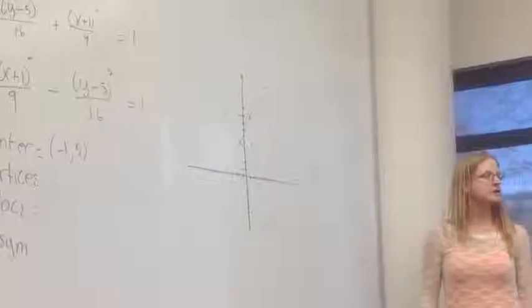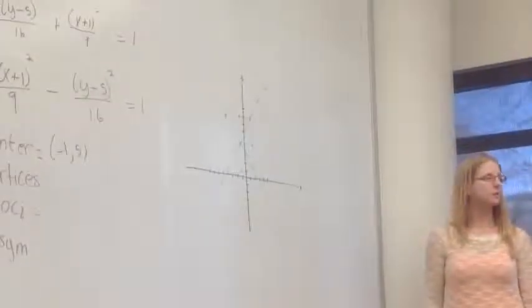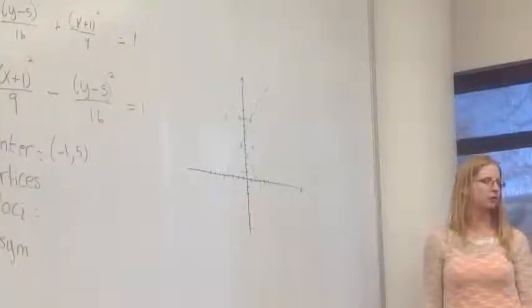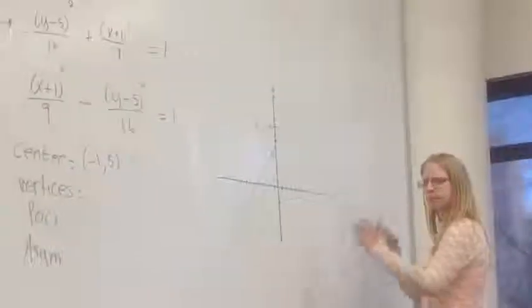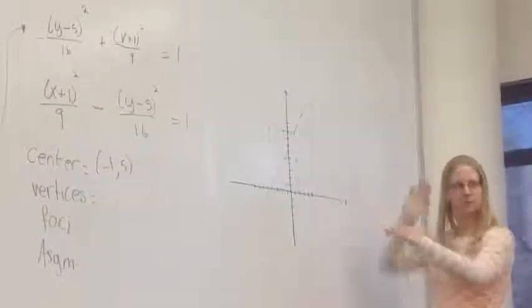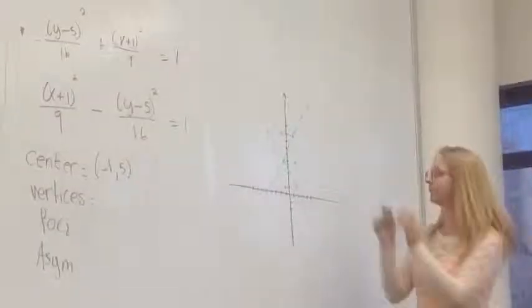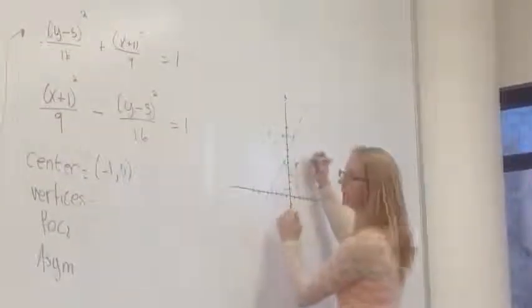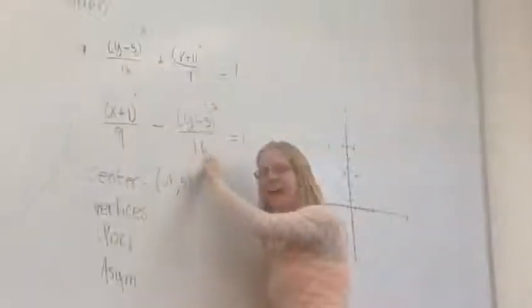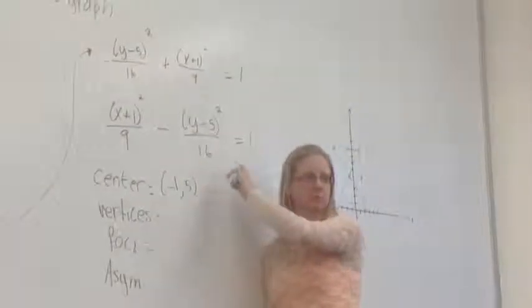So is this transverse horizontal or is this transverse vertical? Horizontal. Who says horizontal? Why? The x came first. So horizontal, so I pick the ones on the side. The x came first in the final simplified version, by the way.